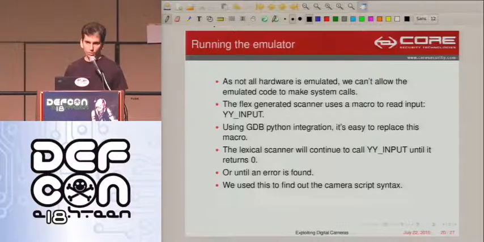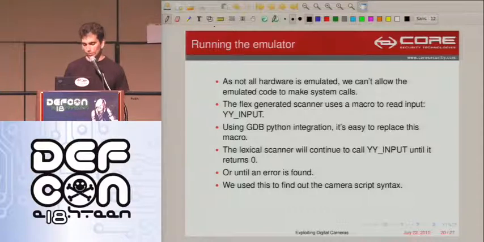We need to make some changes to the original firmware because we couldn't allow it to call the operating system, because it wouldn't work. It would try to access some hardware registers that weren't emulated.